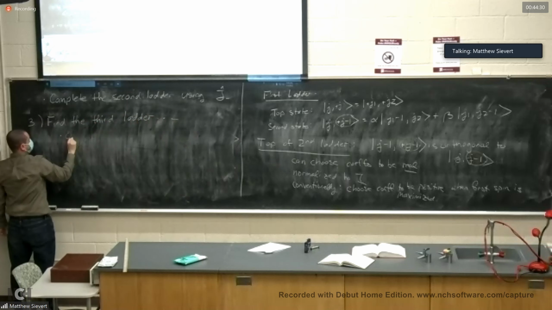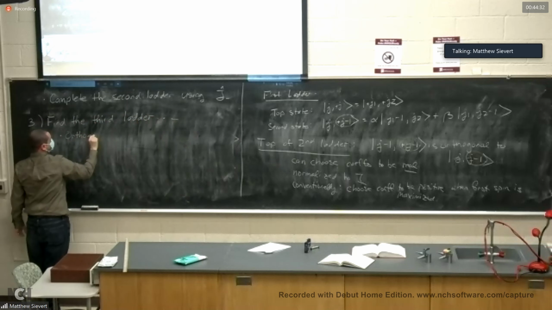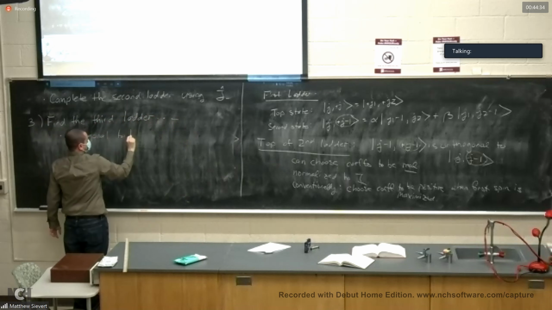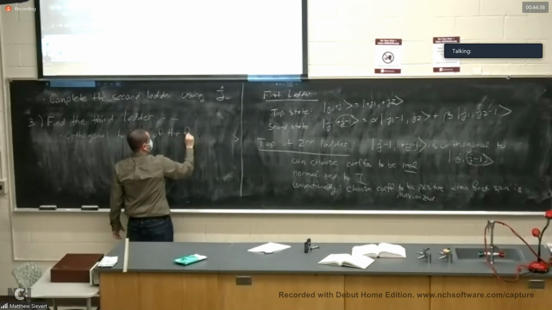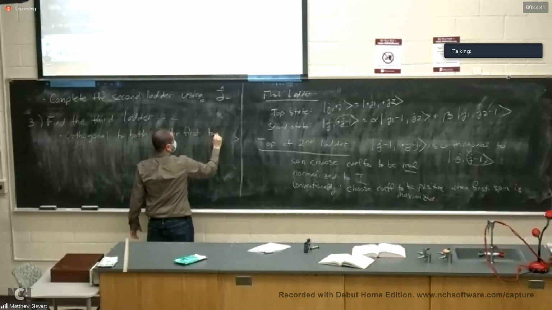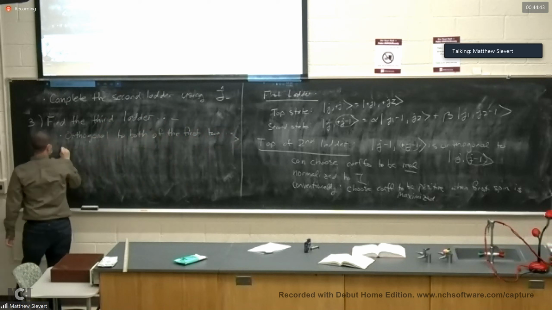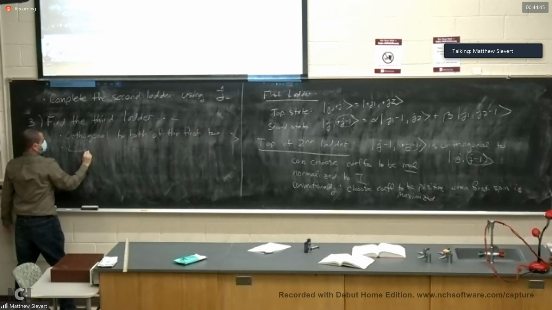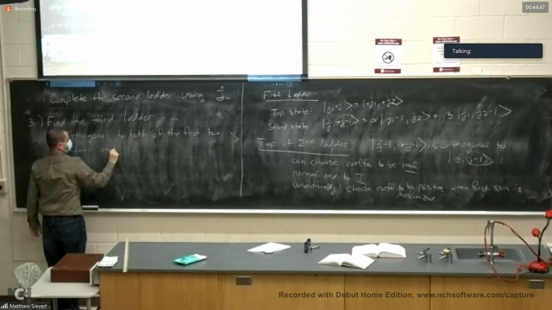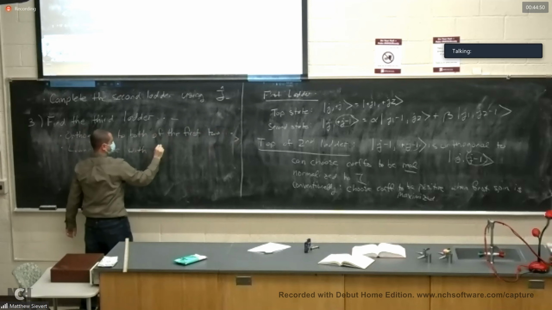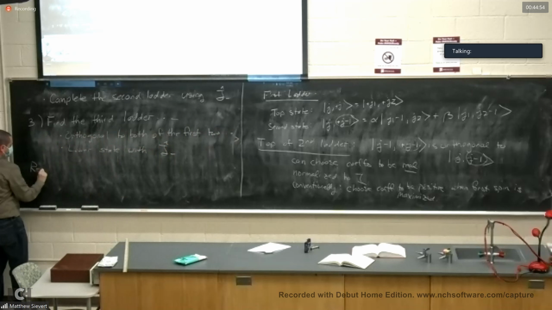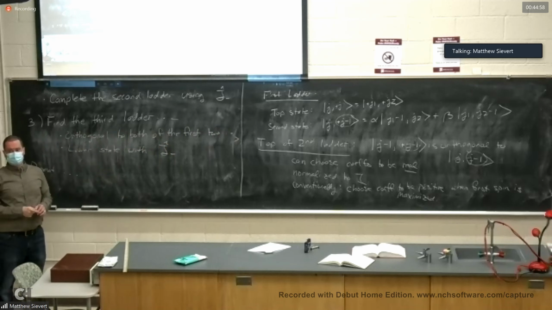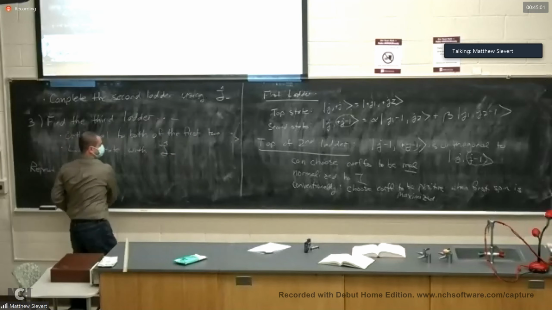This one must be orthogonal to both of the first two. And then as before, you lower the state with J minus. Repeat until you have exhausted all of the representations of the vector space.